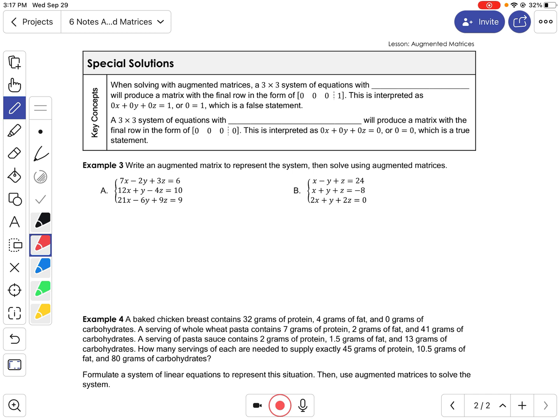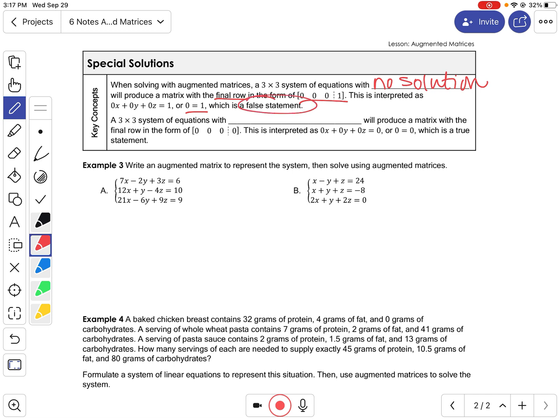So on the back it says, when solving with augmented matrices a 3 by 3 system of equations with no solution, we'll produce a matrix with a final row in this format. So notice there's no 1 on the first 3 columns. This is interpreted as 0x, 0y, 0z equals 1, which really means 0 equals 1.